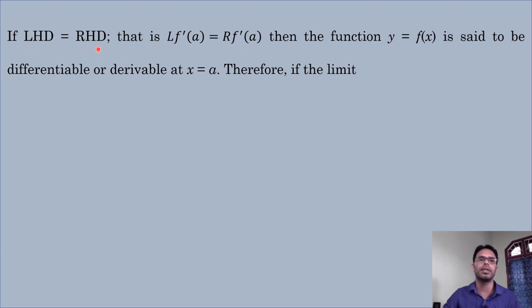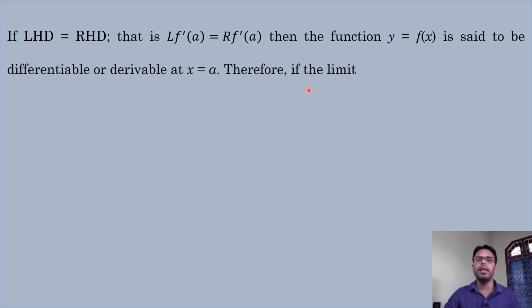You may use this or you may write this also, both symbols are acceptable. Then the function y equal to f(x) is said to be differentiable or derivable at the point x equal to a. This is generally written to represent the differentiability of a function.